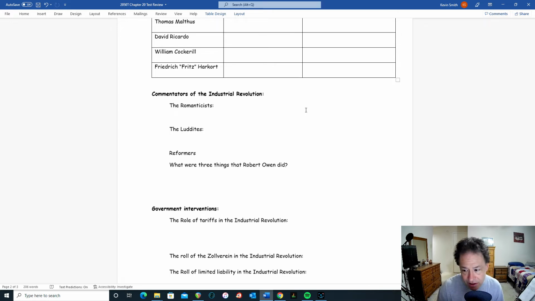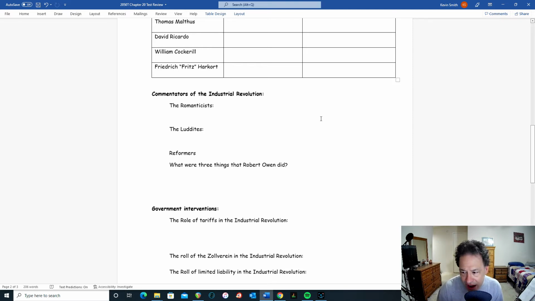They hated industrialization. William Blake, the Romantic poet, called the mills that he saw in England satanic, and we'll talk about that more later. The Romanticists lamented the end of the rural lifestyle and the end of the natural beauty of the earth.